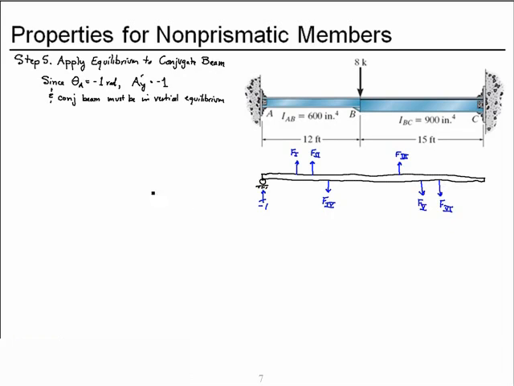So let's apply vertical equilibrium for the conjugate beam. We'll choose up to be positive, that prime representing the conjugate beam. So we have the -1 here.